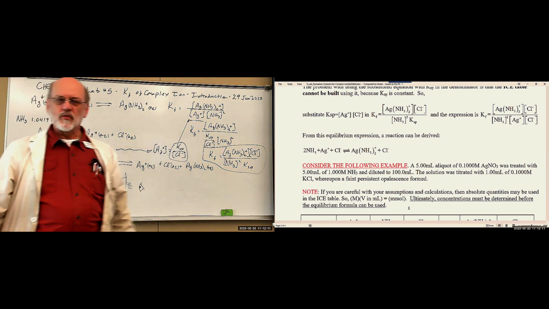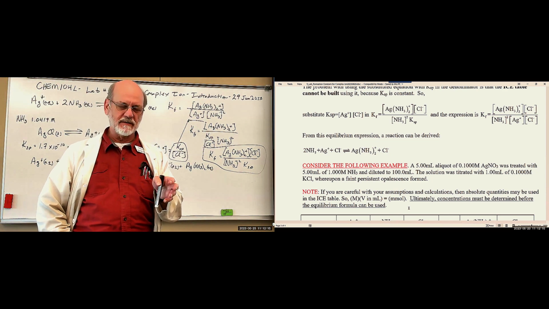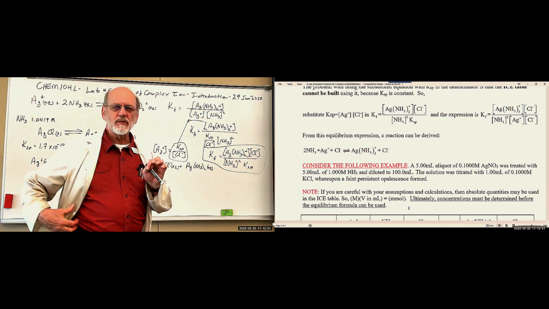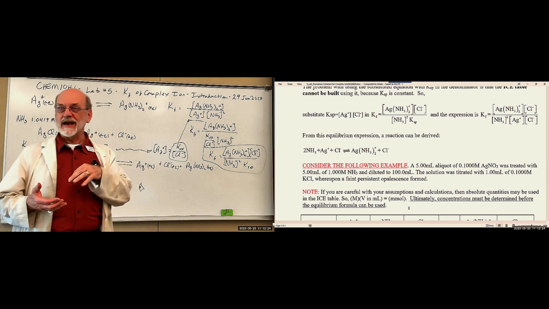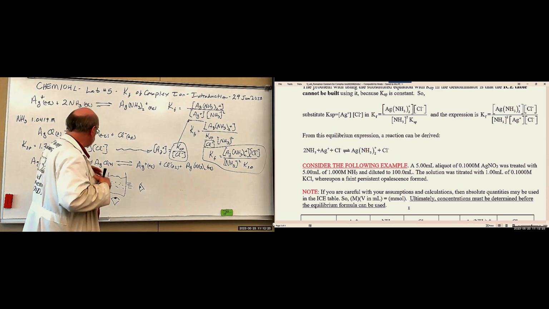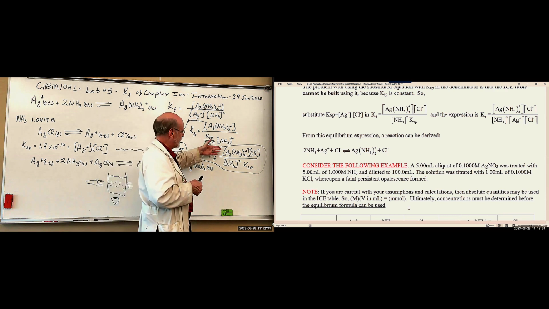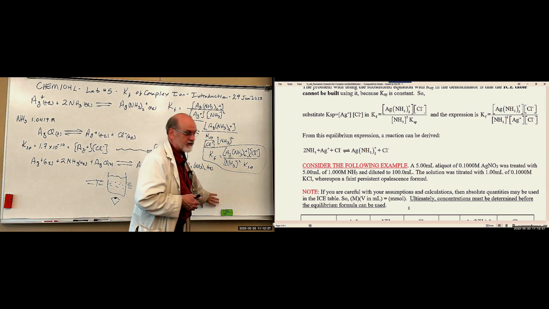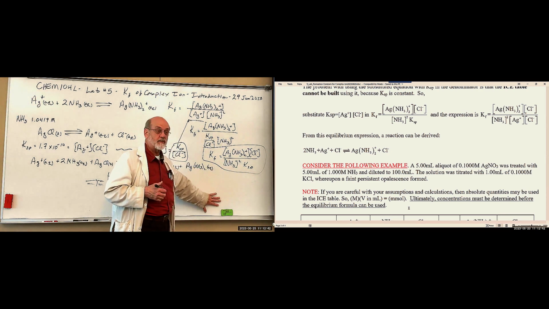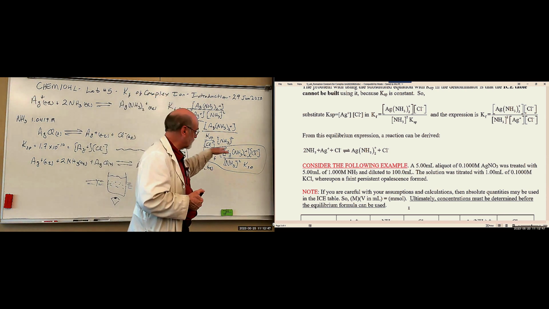So what I've discovered, and what the authors of this method obviously knew, is that sometimes it's easier to determine outcomes on an absolute molar basis first. In other words, how many moles did you start with of each of these components? And then how many moles did you end up with at equilibrium? Once you know the number of moles of each component at equilibrium, you just divide by the volume, and you get the concentration that you can insert into that expression.